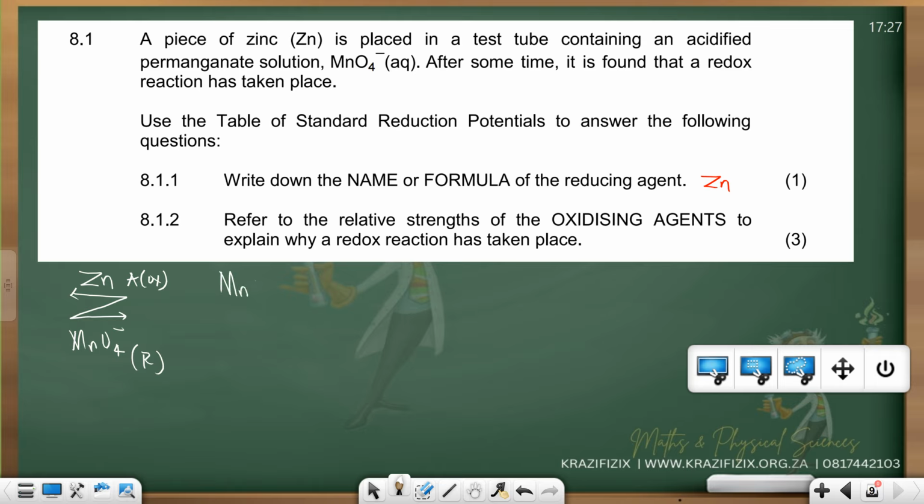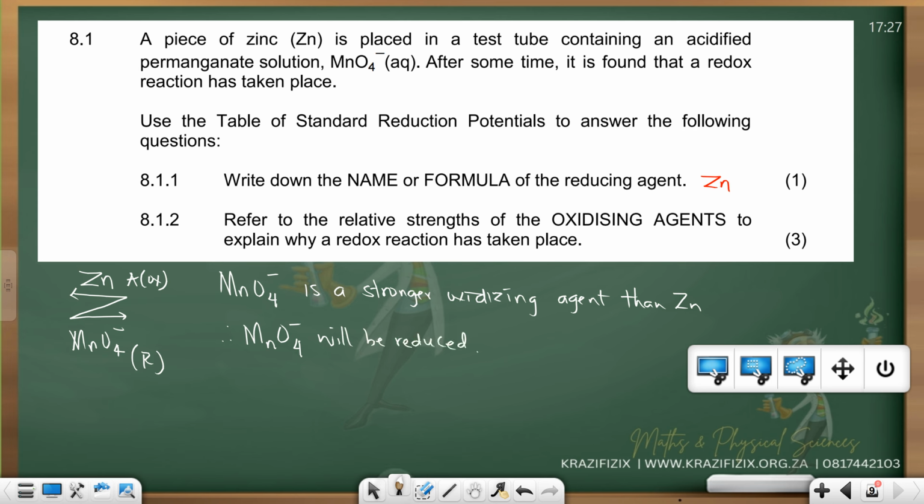So we're saying MnO4 minus is a stronger oxidizing agent than zinc. Therefore, MnO4 minus will be reduced.